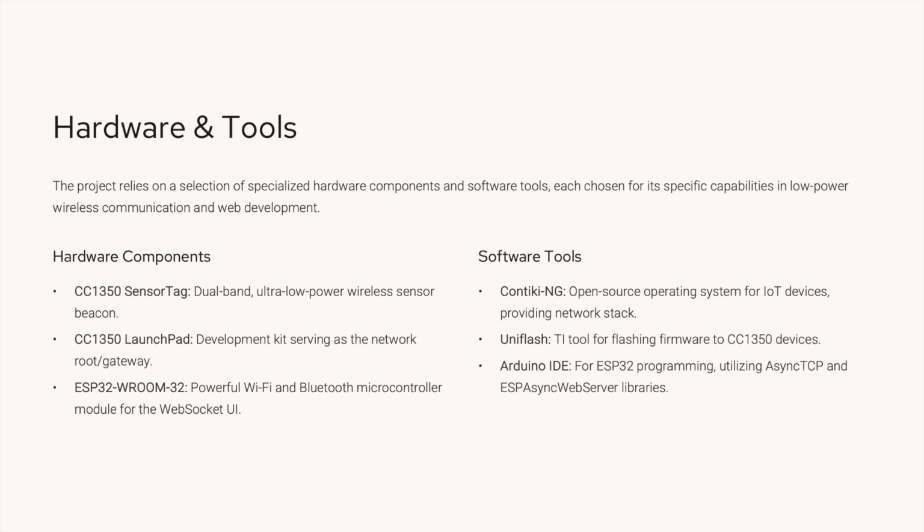Coming to the software tools, we are going to use Contiki-NG, an open source operating system for IoT devices providing a network stack. Another is UniFlash, a Texas Instruments tool for flashing firmware to CC1350 devices. And the third software required is the Arduino IDE for ESP32 programming, which will be useful in hosting the web server and all.